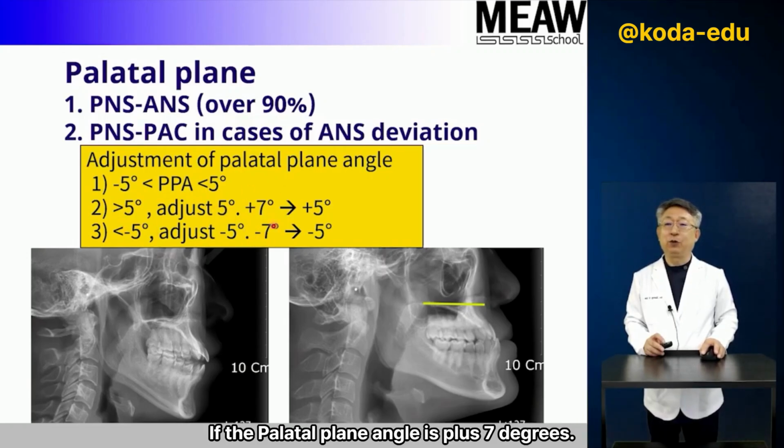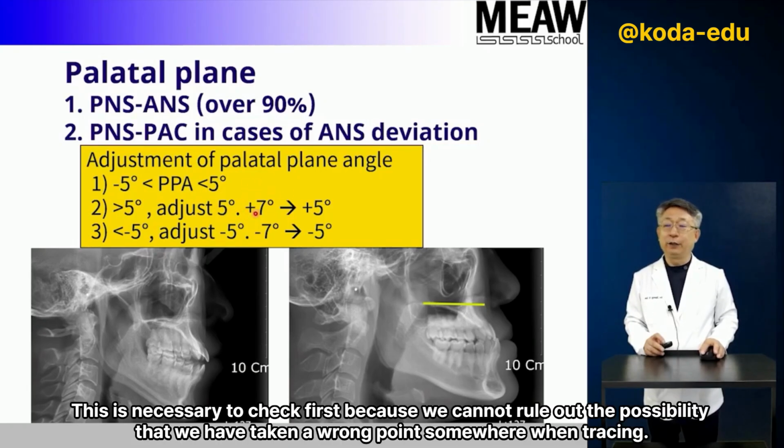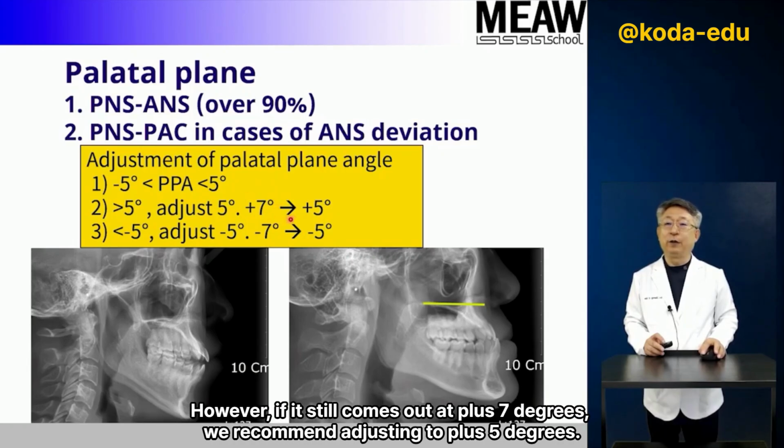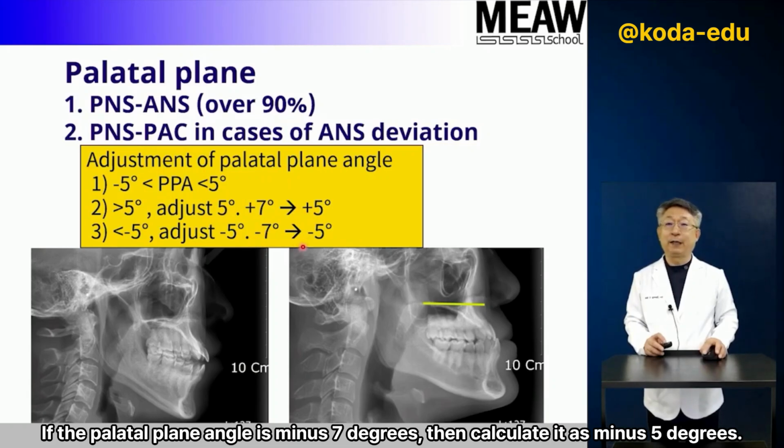If the palatal plane angle is +7 degrees, this is necessary to check first because we cannot rule out the possibility that we have taken a wrong point somewhere when tracing. However, if it still comes out at +7 degrees, we recommend adjusting to +5 degrees. If the palatal plane angle is -7 degrees, then calculate it as -5 degrees.